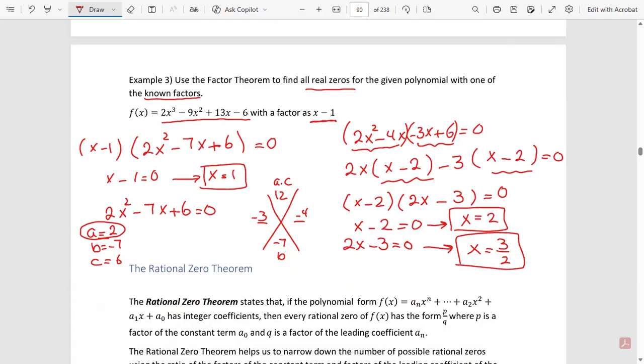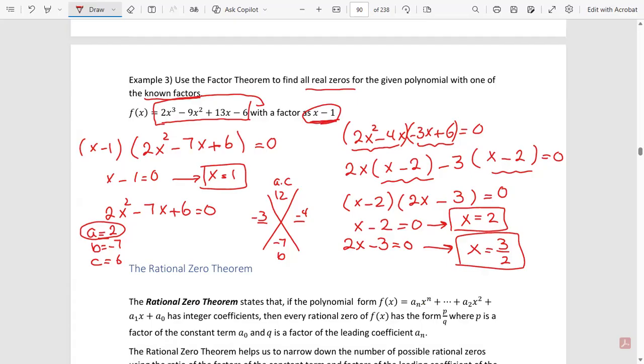How did I find them when I wasn't able to factor by grouping first? I used remainder theorem, I used factor theorem to find all of the factors. Okay, but we can only use remainder theorem and factor theorem if we know one of the factors, or one of the zeros.